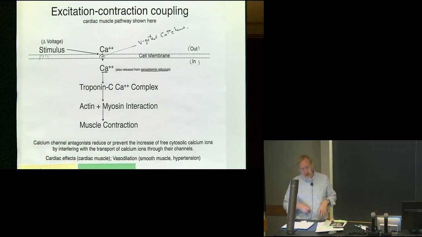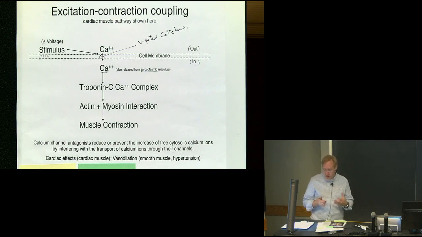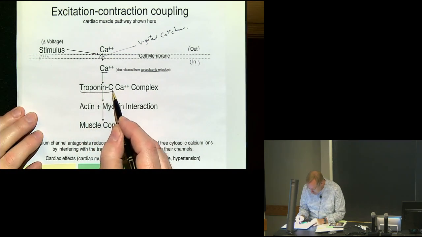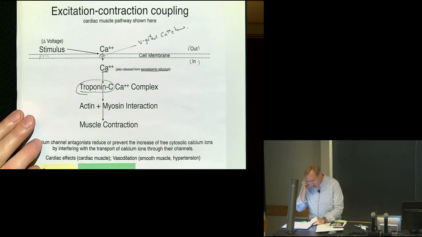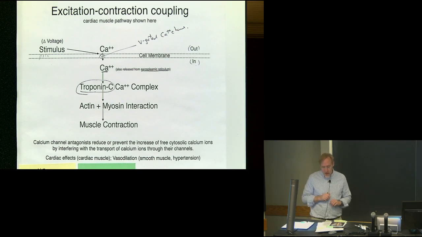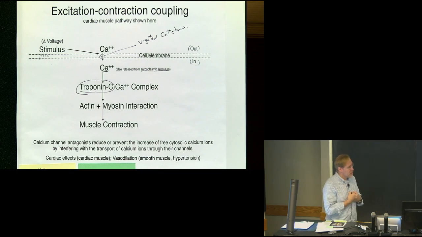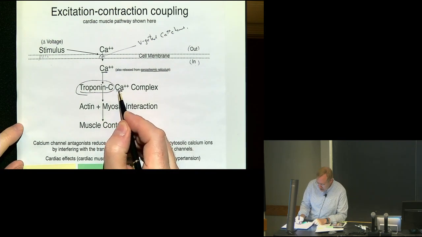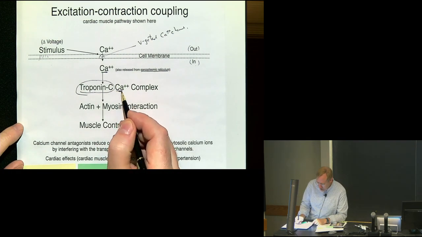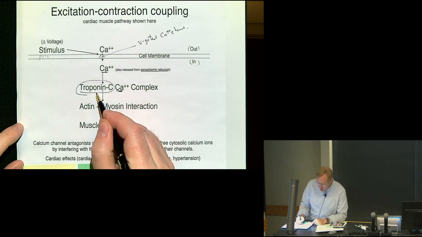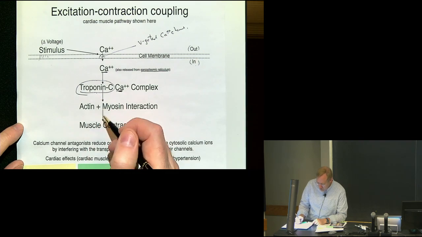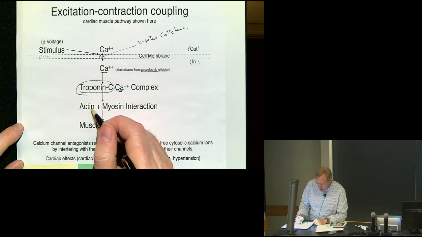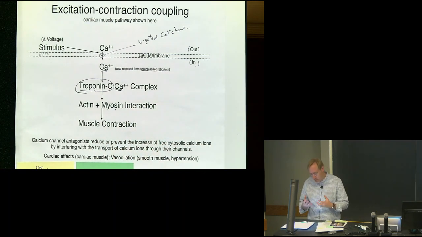Now what happens then is these calcium ions bind to this protein called troponin C. Now, normally, troponin C inhibits the interaction of actin and myosin that are important for muscles to contract. But when it binds to the calcium that comes in, at a concentration enough to bind to troponin, it falls off and allows actin and myosin to interact, and you get this muscle contraction.